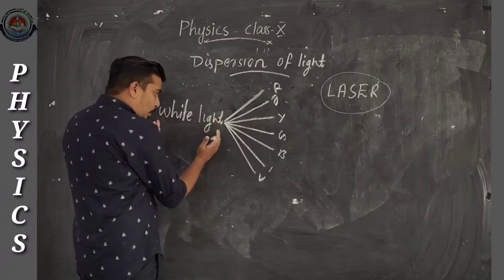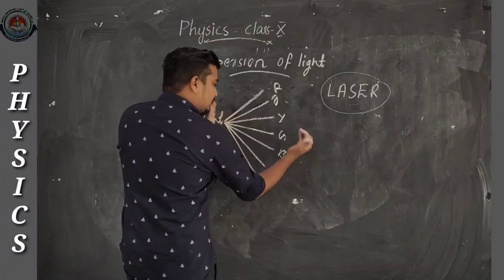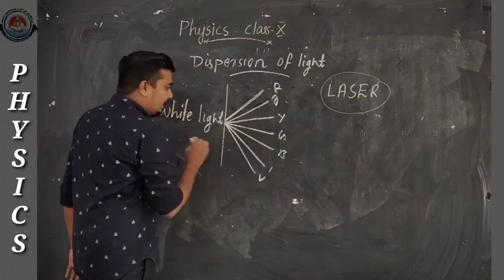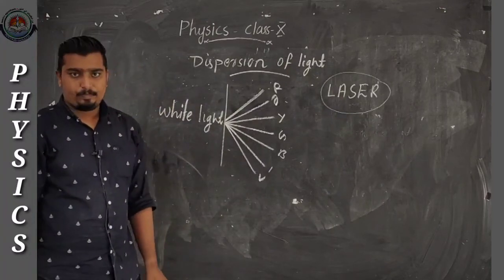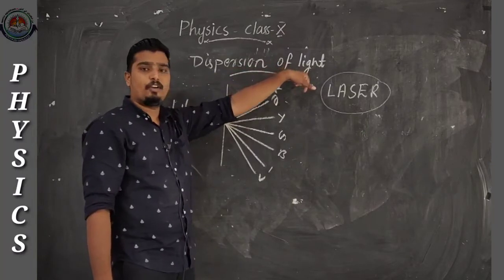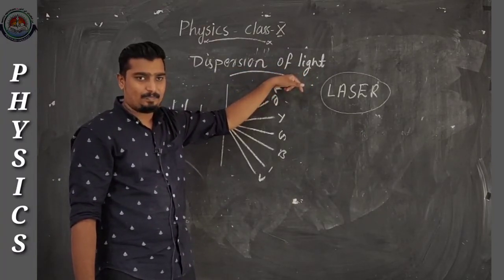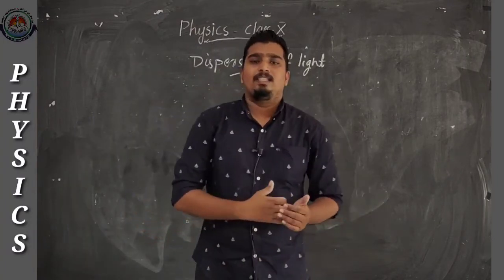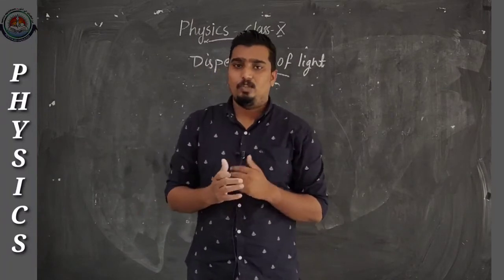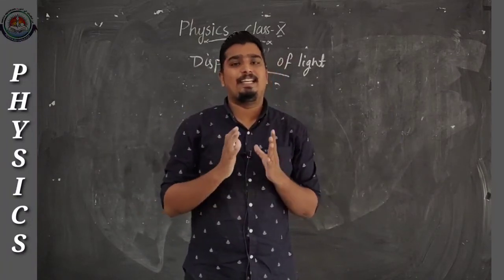That is, this composite light or white light is split into its component colors when it passes through a transparent medium. That phenomenon is called dispersion of light. Clear? Sir Isaac Newton explained this dispersion of light experimentally. Next we are going to discuss that experiment.